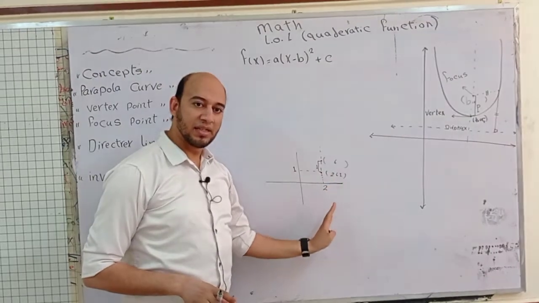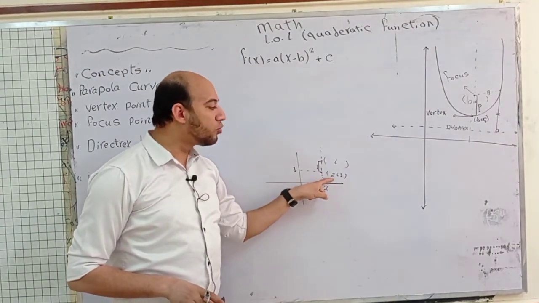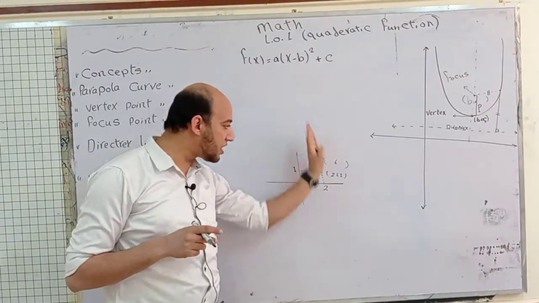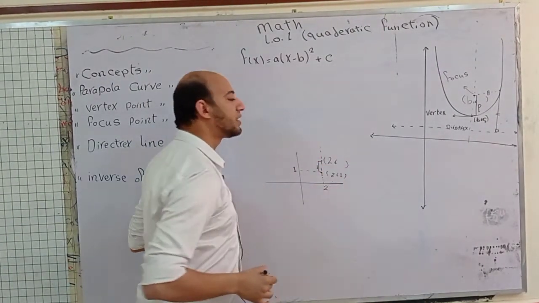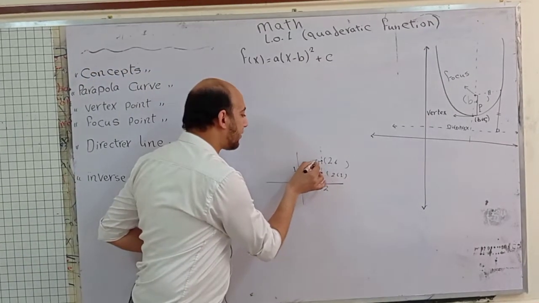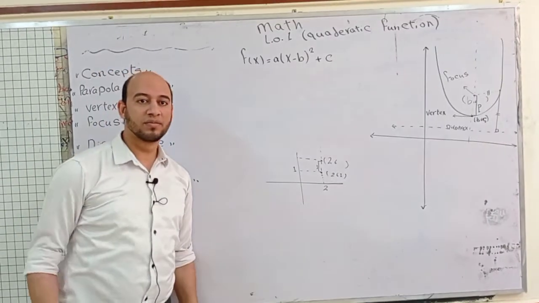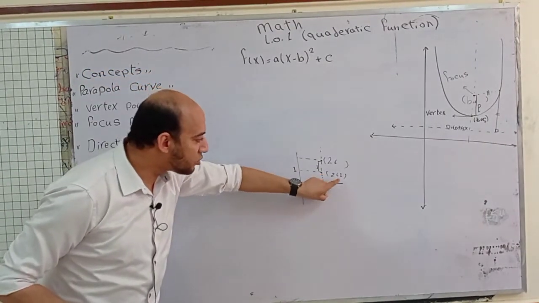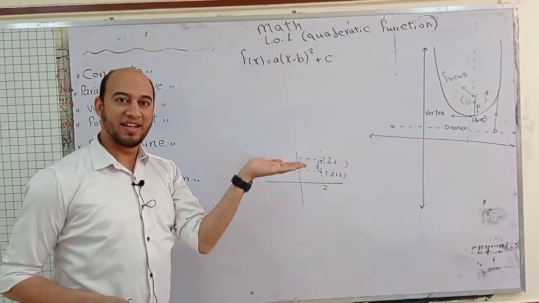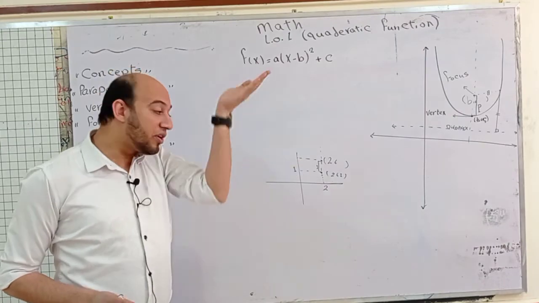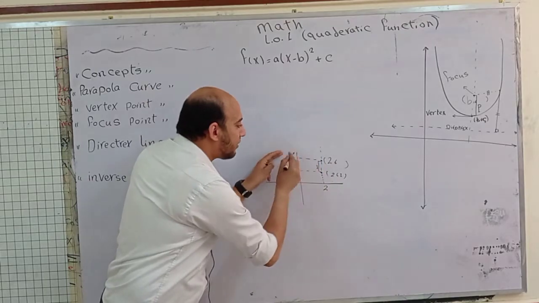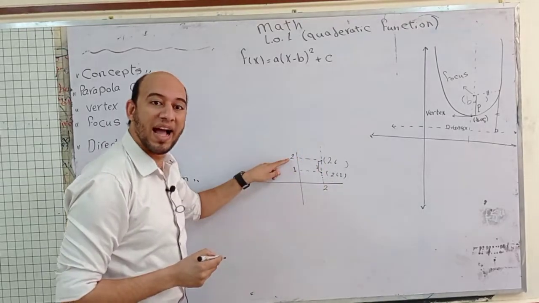Because it lies on the same vertical line, it will have the same x coordinate as this point, so its x coordinate will be 2. Its y coordinate will be what? This point has y coordinate 1, and the distance between the two points is 1, so this coordinate must be 2.